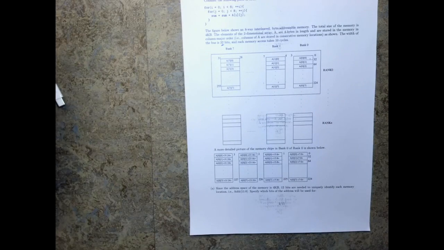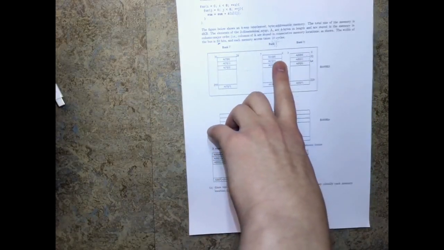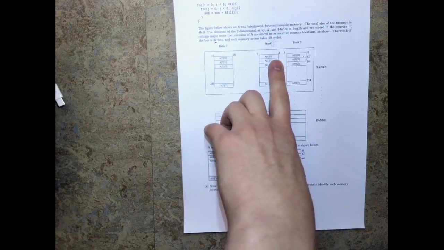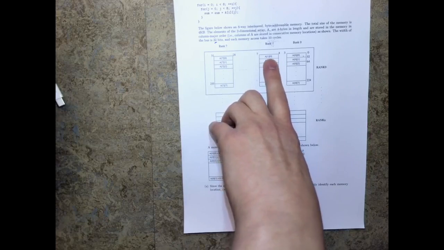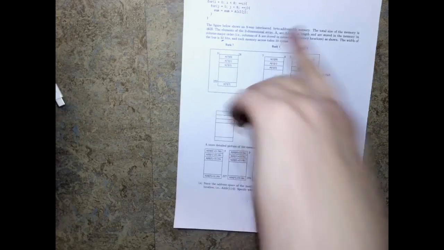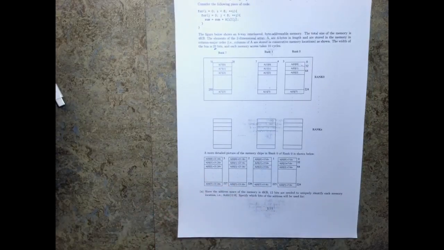So it is stored in memory in column major order, right? If it's stored in memory in column major order, then those are supposed to be consecutive, right? So the next element in the same column is supposed to be in consecutive memory addresses.